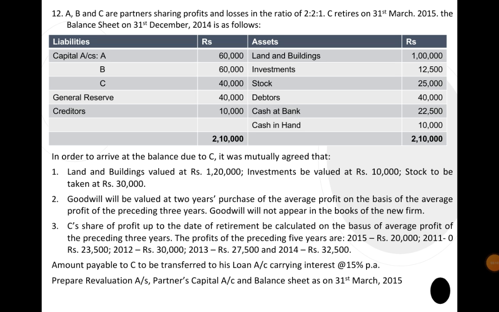And then 2012 is rupees 30,000. 2013, rupees 27,500. And for 2014, you have rupees 32,500. Amount payable to C to be transferred to his loan account carrying interest at the rate of 15% per annum. Prepare the revaluation account, partners' capital account, and balance sheet as on 31st of March 2015.